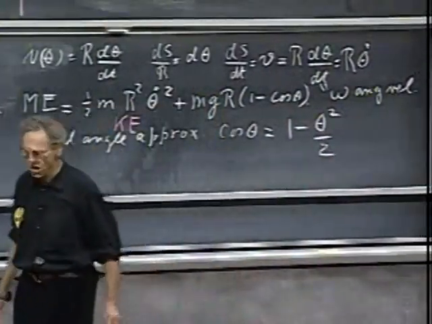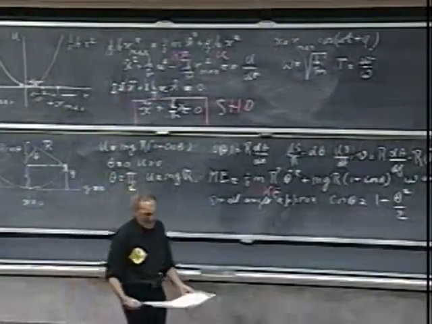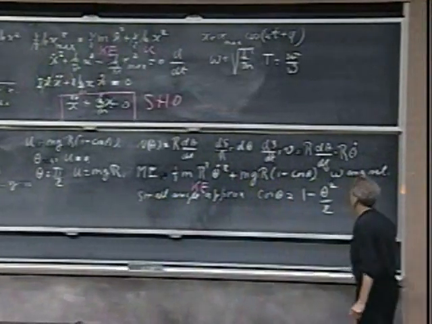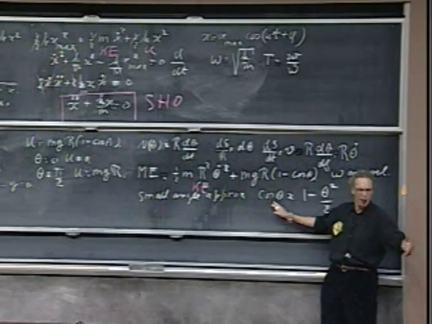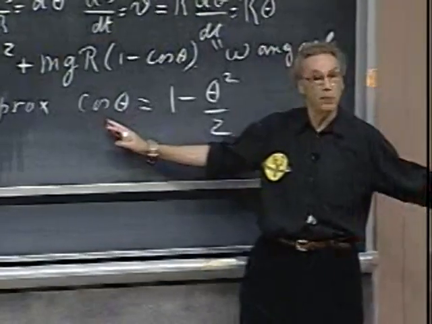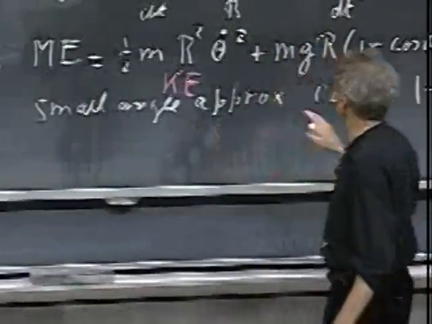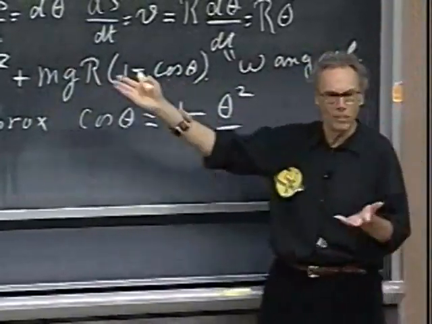That is a very, very good approximation. That approximation is way better than the one we did before when we simply said the cosine of theta equals 1. Remember we did that once? We said, oh, for theta very small, the cosine of theta is about 1. If we did that now, we would be dead in the water. Because if we said the cosine of theta is 1, this becomes 0 and you end up with nonsense.